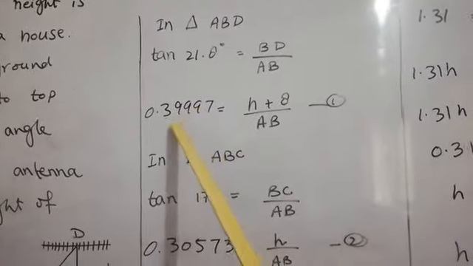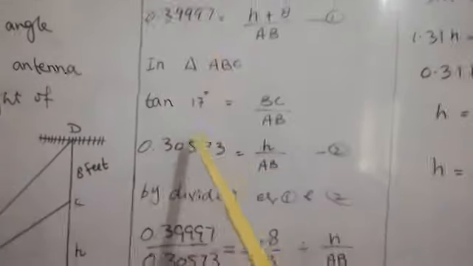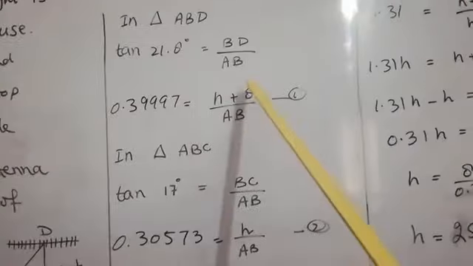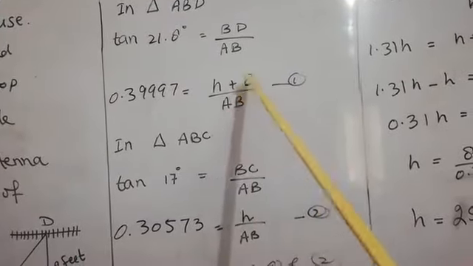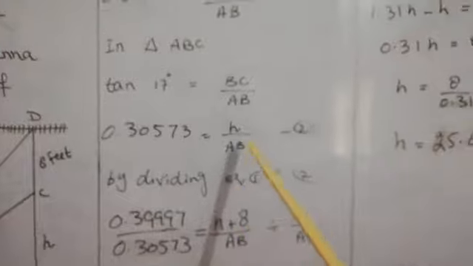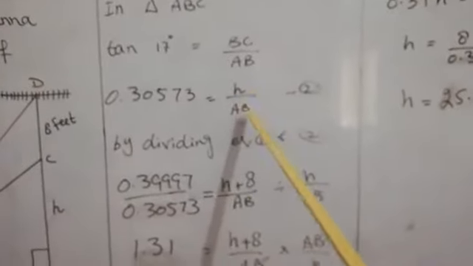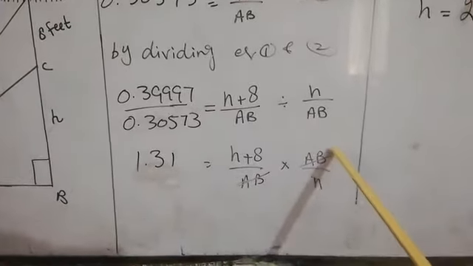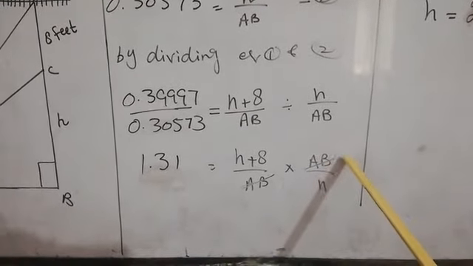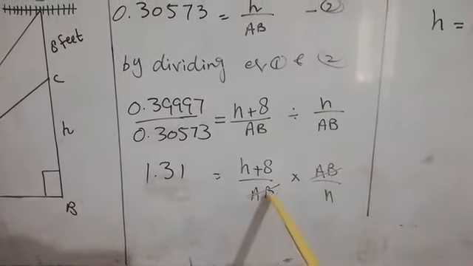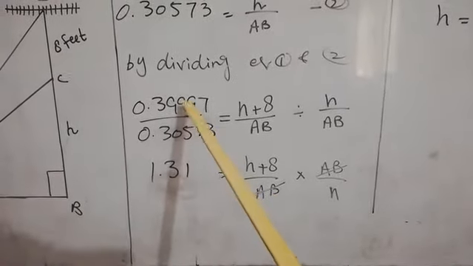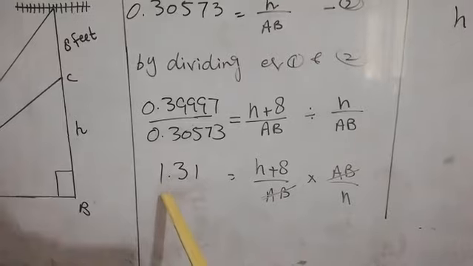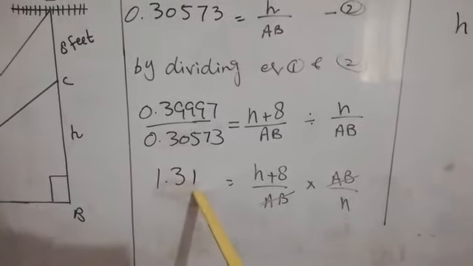So we divide 0.39997 by 0.30573, equals H plus 8 by AB divided by H by AB. We change the sign, take the reciprocal, and AB will cancel with AB, and by division we find the left hand side equals 1.31.